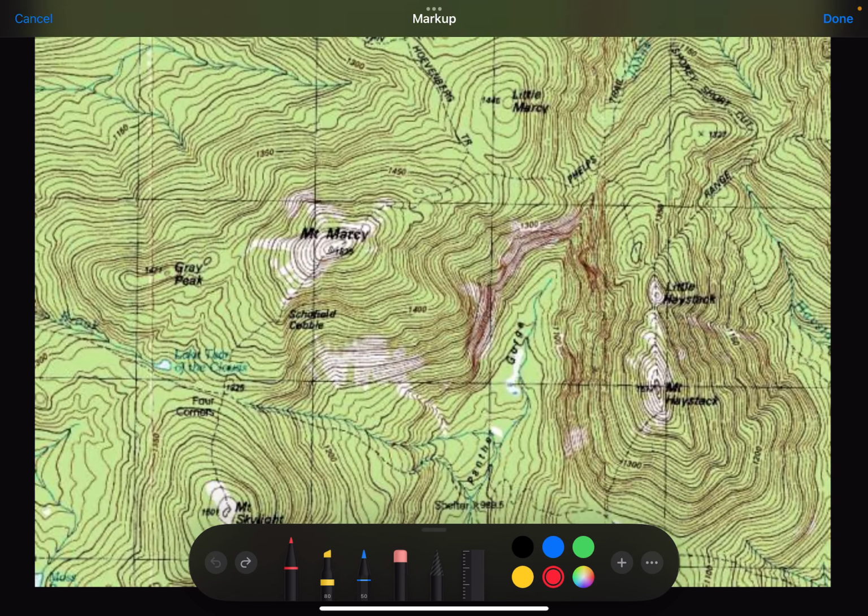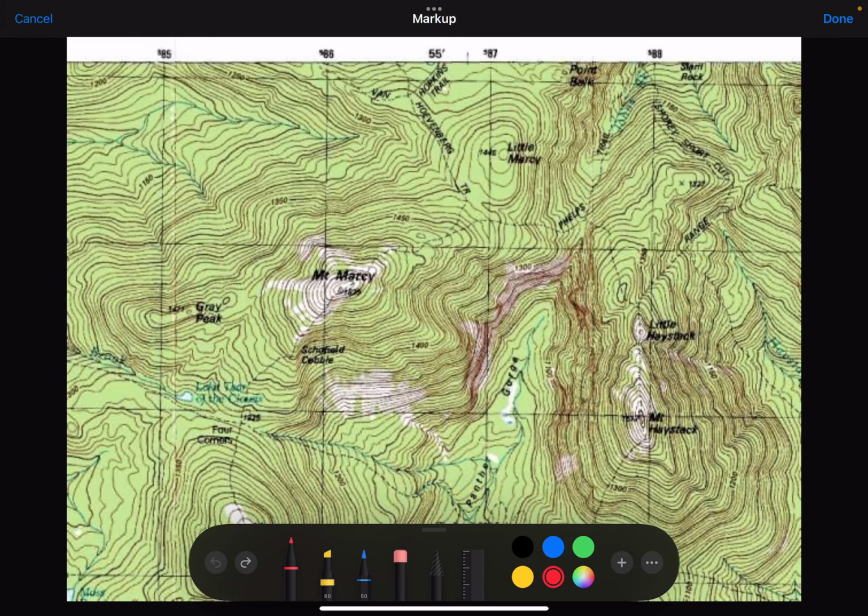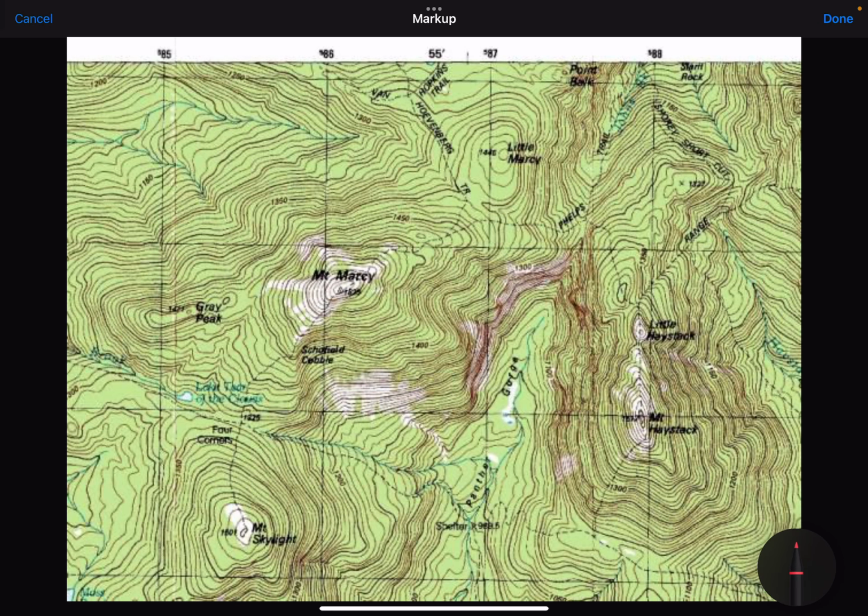But if you look at the level curves, you can see for this mountain, for example, Mount Marcy, the top is right here. If I was going to hike up this mountain, going this direction and going this direction, it's the same height to get to the top.